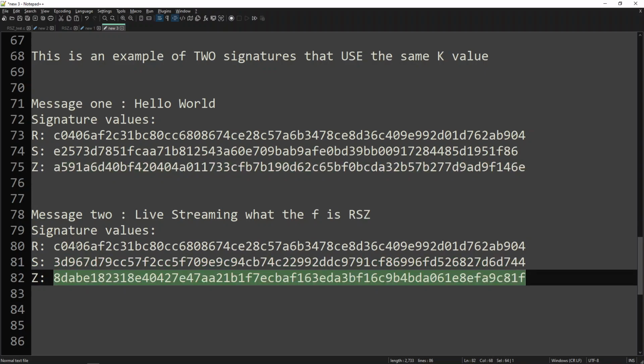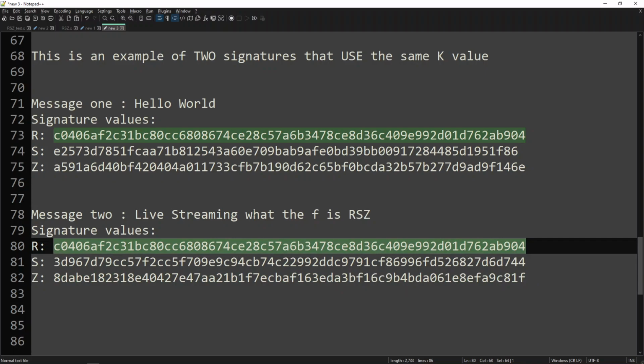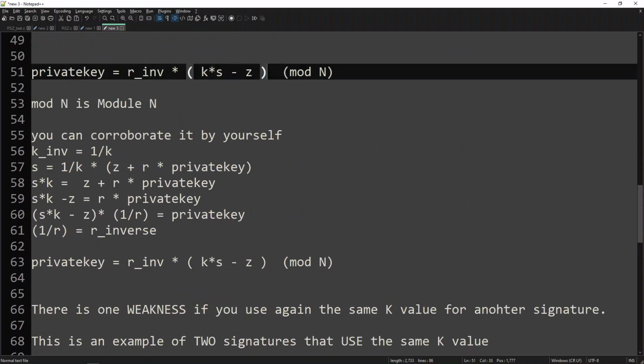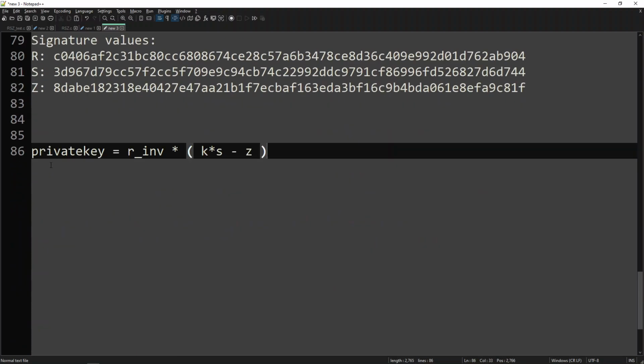So what happens if you reuse the same K value? Let me copy this. So let me write C1, S1, and R1 inverse, the private key for values from one transaction.